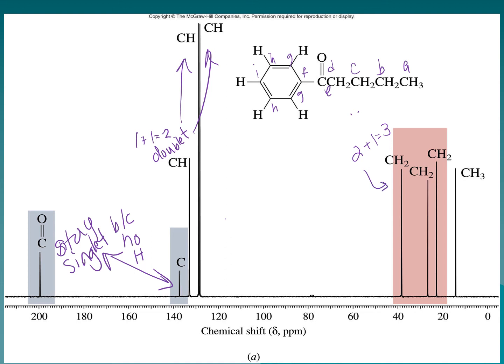This would turn into a triplet. A triplet there, a triplet here. What would happen to this one? It's got 3 H's plus 1. This would turn into a quartet. So you can actually tell how many hydrogens are on each carbon in a carbon NMR if you couple it.